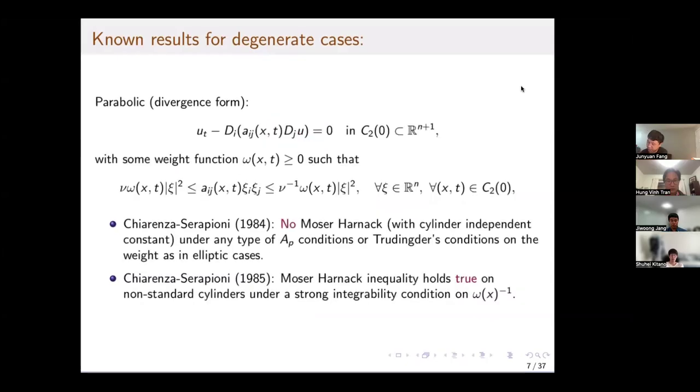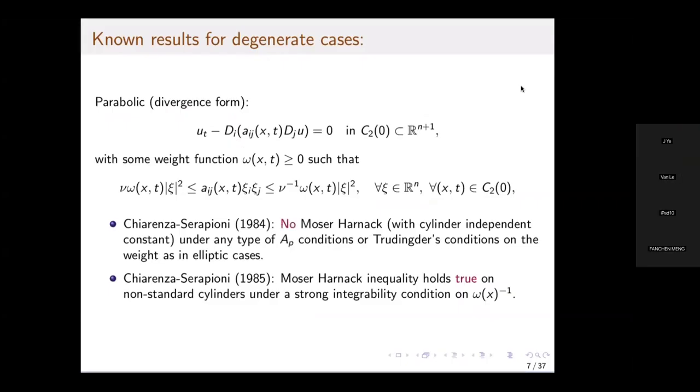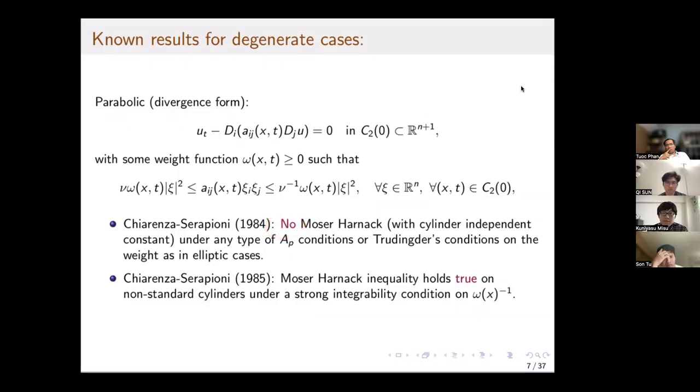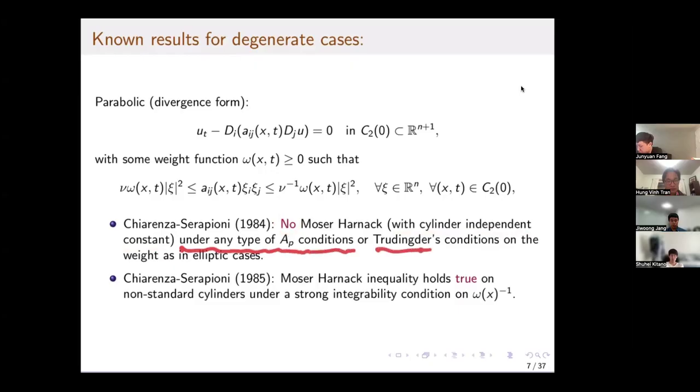Let's talk about some parabolic. Okay, it's still parabolic divergence, but Aij can be degenerate. The story is very different from elliptic. In 1984, Chiarenza and Serapioni said there's no Moser Harnack if the constant N is independent of the solution. Okay, no Moser Harnack under any type of Ap conditions or Trudinger's results on the weight, as in the elliptic case.